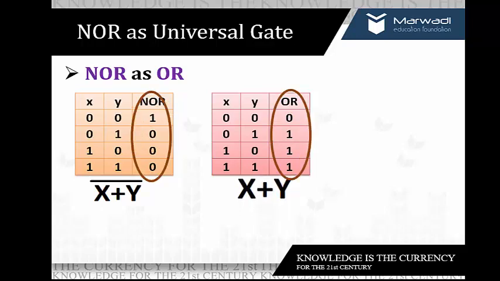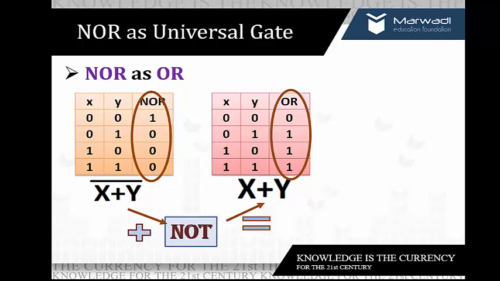Looking at the truth table, we can easily find that the output for NOR is exactly the complement of that of OR, and thereby on application of one step, I would be converting my NOR output into OR, and that step would be applying a NOT gate at the output of NOR gate.